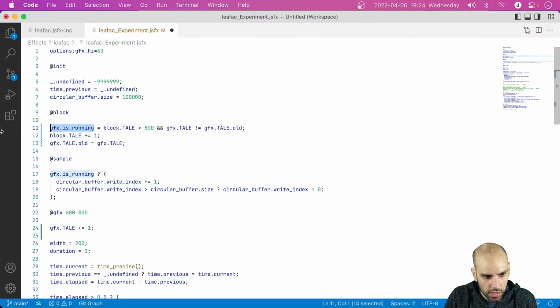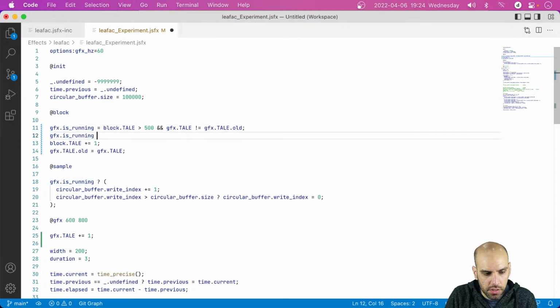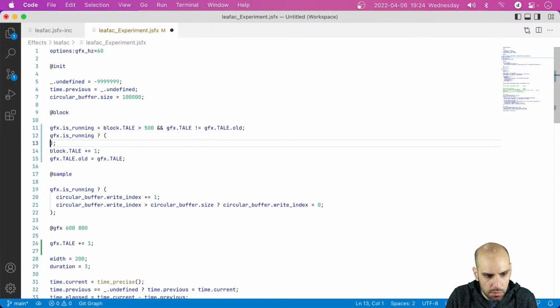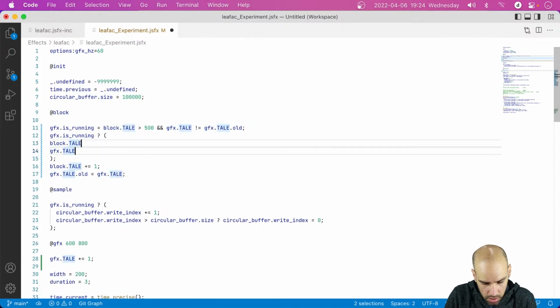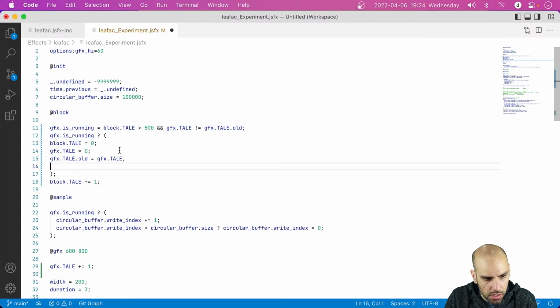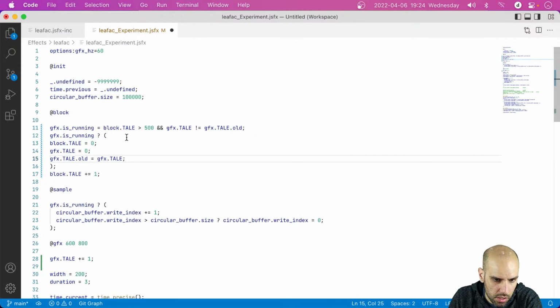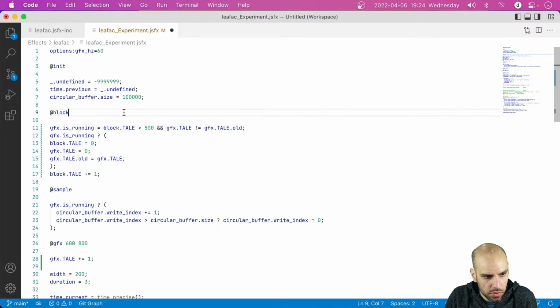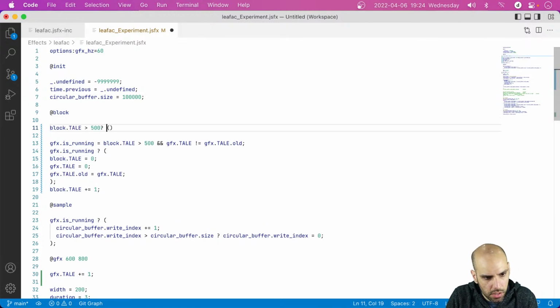And then I will also have to do some bookkeeping here. If the GFX block is running, then I will do some bookkeeping. I will zero these variables just for good measure, because I don't want them becoming unboundedly large. But I will also move this into that. And I guess I will have to restructure this code a bit.